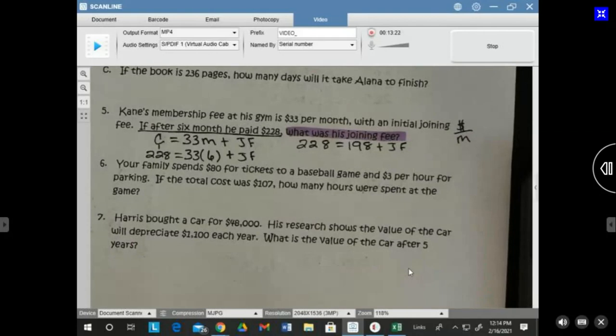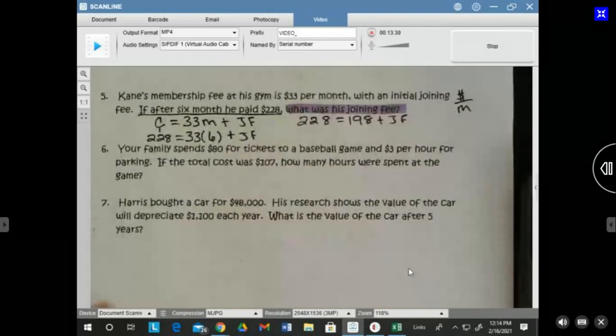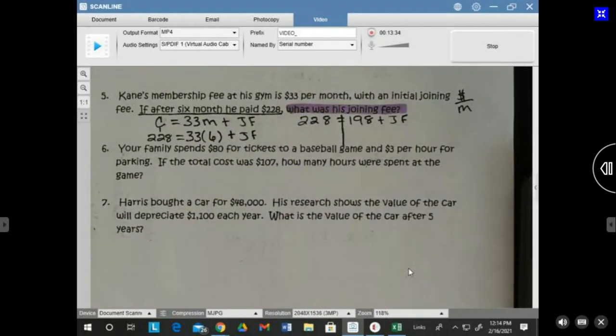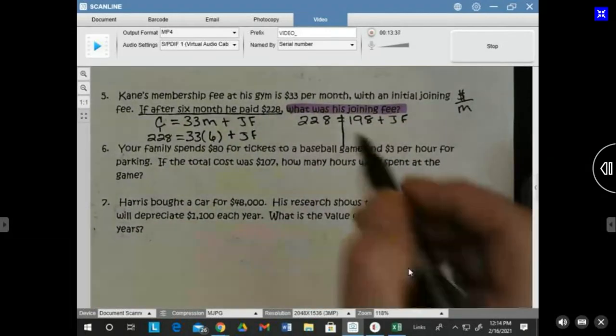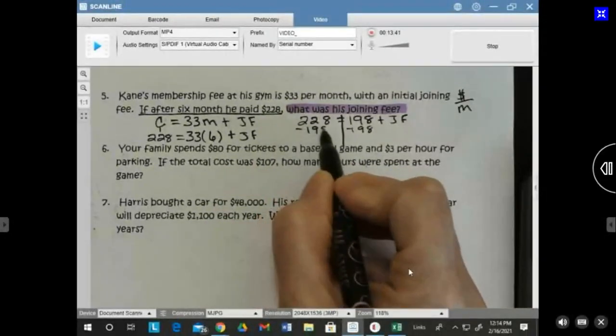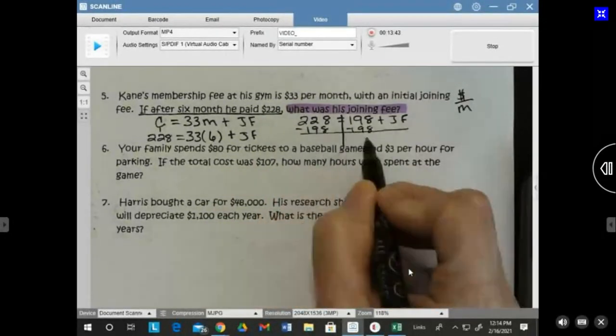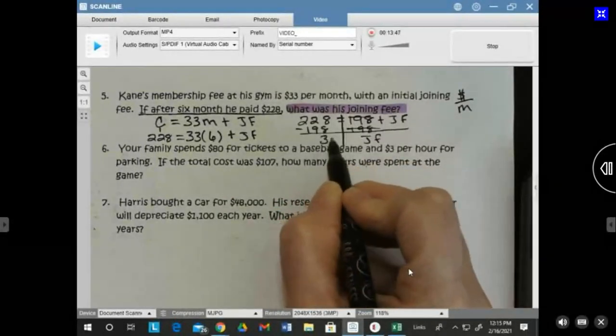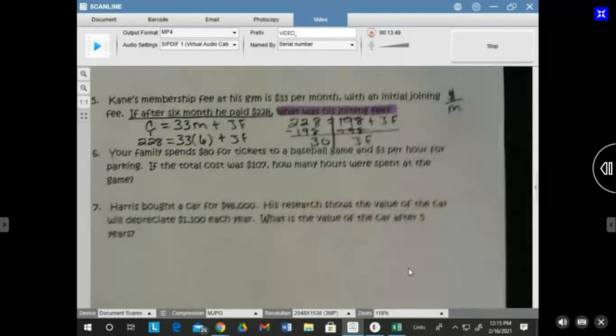What do I have to do to get that joining fee by itself? What if I did this? Would you recognize? Minus that 198. The joining fee is equal to 30.